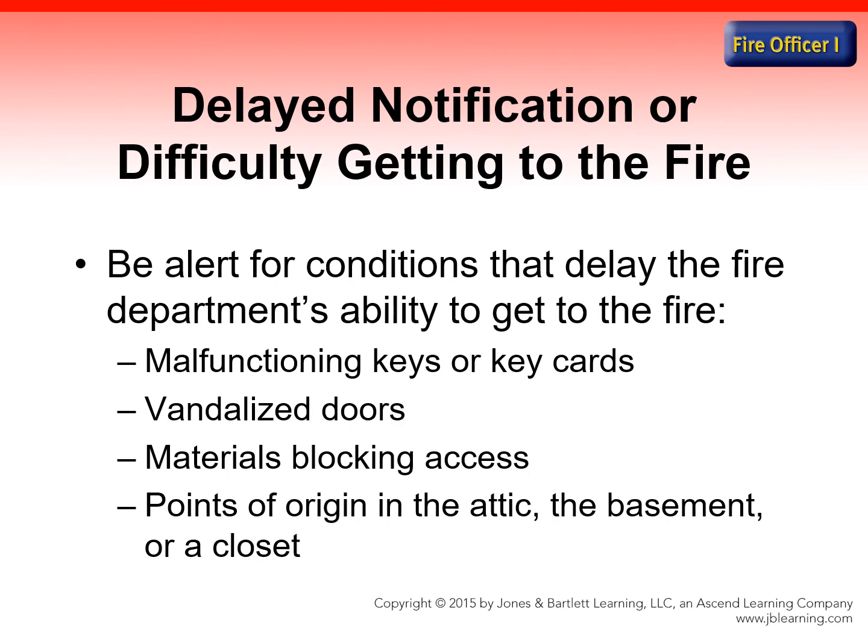Delayed notification or difficulty getting to a fire: we need to be alert for conditions that delay the fire department's ability to get to and begin to extinguish a fire, such as malfunctioning keys or key cards. Again, we can encounter vandalized doors, materials purposely placed to block access, and points of origin in the attic, the basement, or a closet.